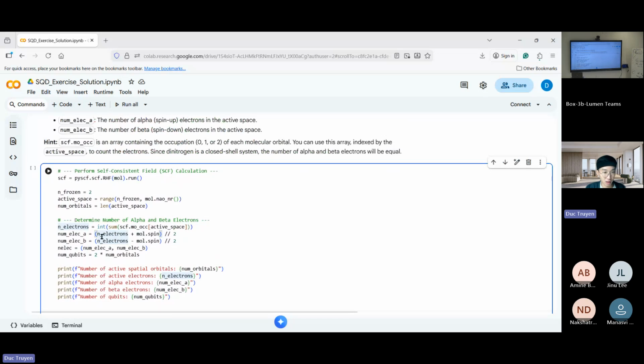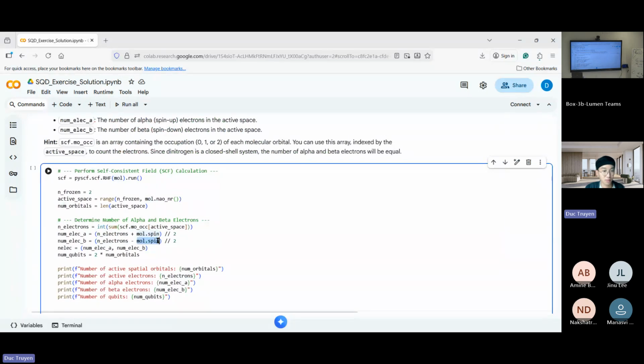So when you get the number of electrons using these functions, you take the total electrons for nitrogen and divide by 2, and you get the number of electrons with spin up and spin down. This one is redundant, not necessary.